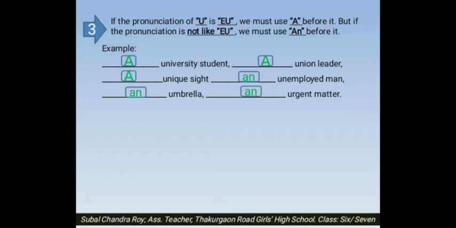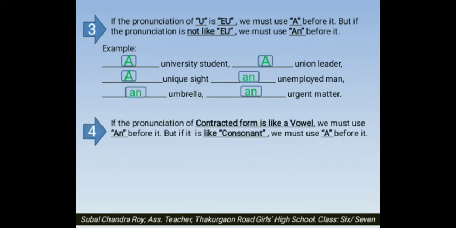Rule number 4. If the pronunciation of a contracted form is like a vowel, we must use "an" before it. But if it is like a consonant, we must use "a" before it.